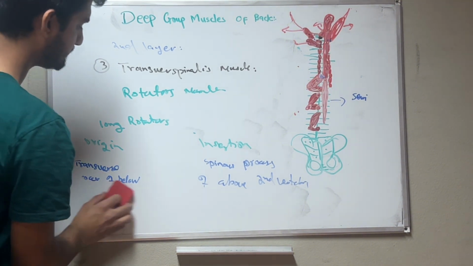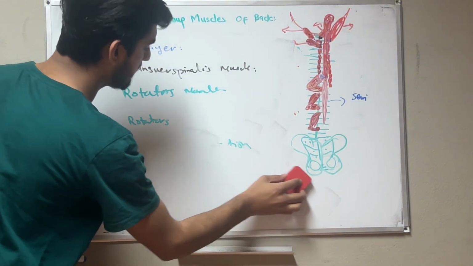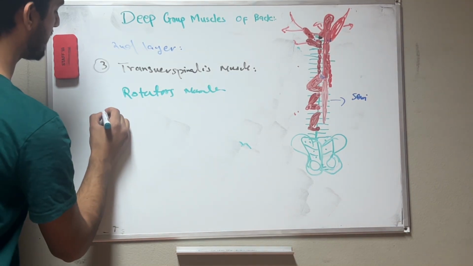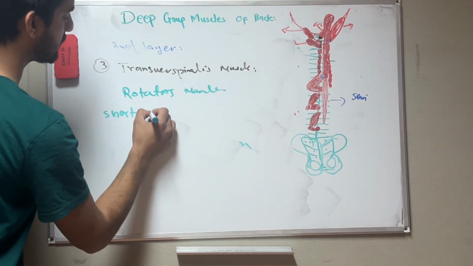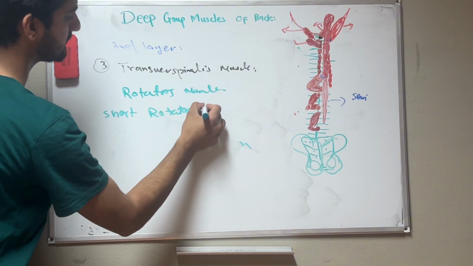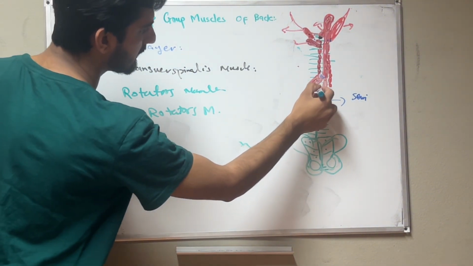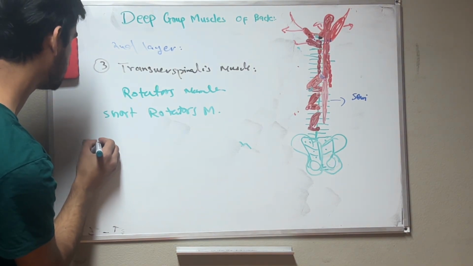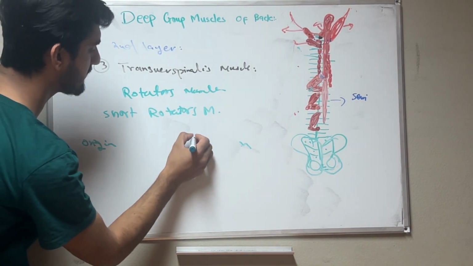And the short one, the short rotatorus muscle, the small one.